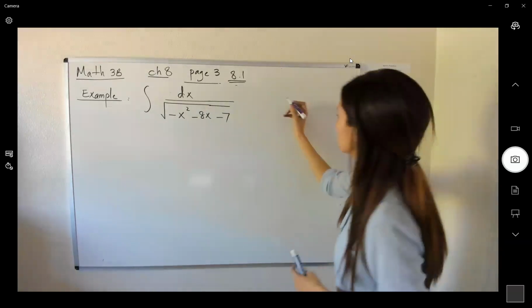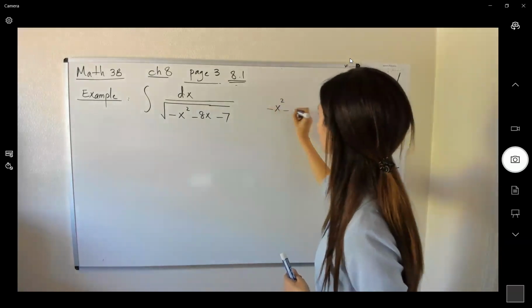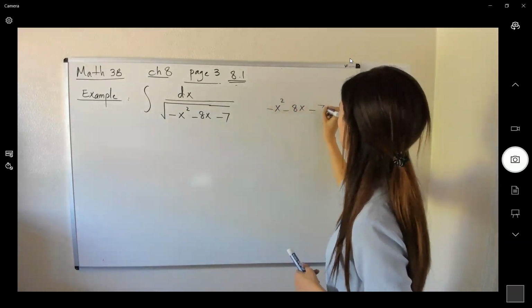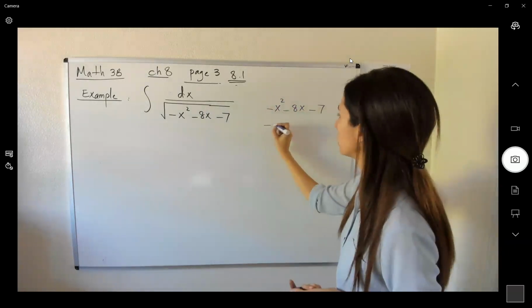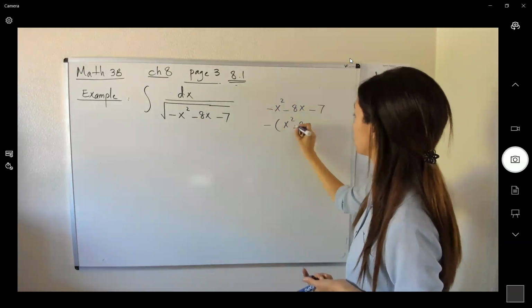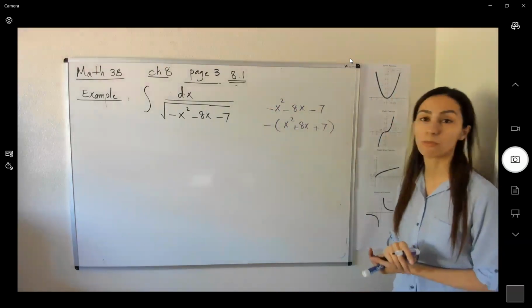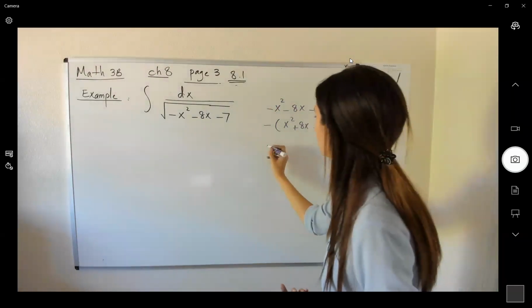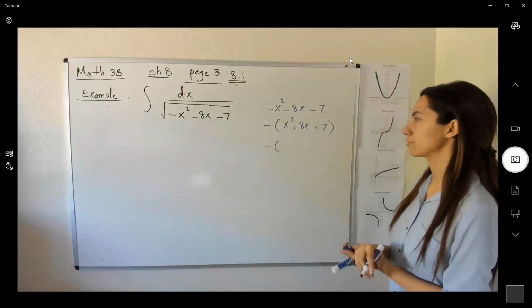So in the denominator, I have negative x squared minus 8x minus 7. Very well. If I factor out a minus sign from all terms here, I get x squared plus 8x plus 7.